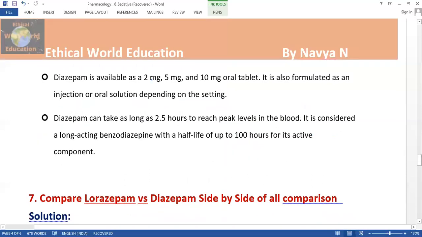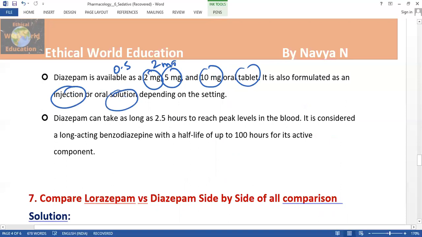Coming to the amount, there we saw it was 0.5 mg to 2 mg, but here a little higher amount of the drug is consumed: 2 mg, 5 mg and 10 mg oral tablets. This may also come in the form of an injection or an oral solution. Whereas the lorazepam half-life was 18 hours, diazepam takes about 2.5 hours to reach its peak level in the blood.